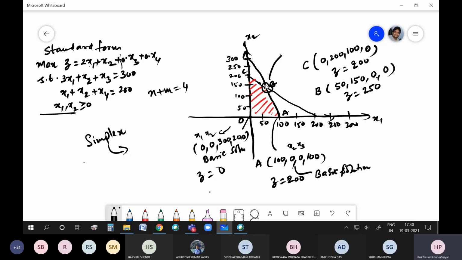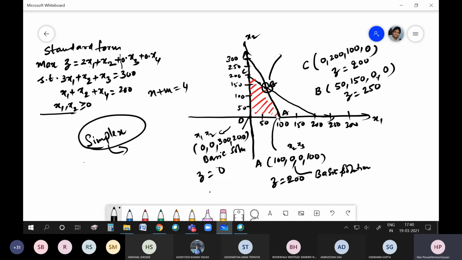But if there are more variables, there should be some criteria by which I decide from which solution I should jump to the next solution, so that I maximize my Z by hopping from one corner to the other corner. So the simplex method basically gives a procedure for moving from one basic solution to the other basic solution.